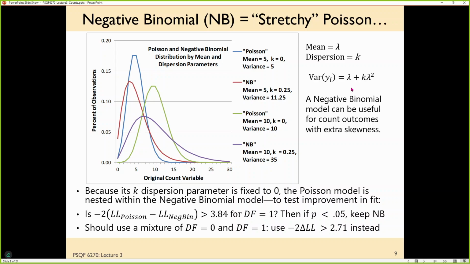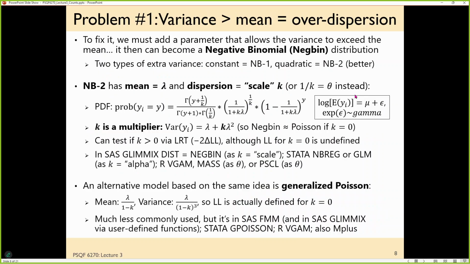The only problem is in how k is represented across packages. So when I first built this unit, I was pulling my hair out because in SAS Glimmix, which is what I was using, k is labeled as a scale factor in the output. And I'm like, okay, that's fine. In Stata, it's labeled as alpha. And alpha is like 7 other things in statistics already. It's everywhere.